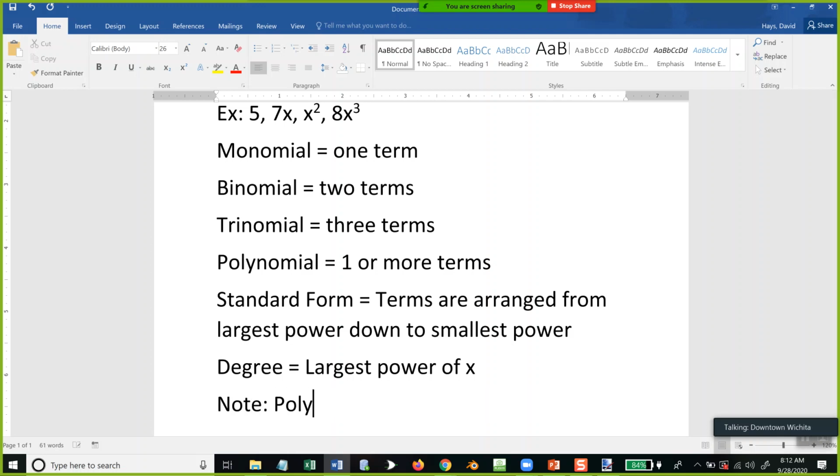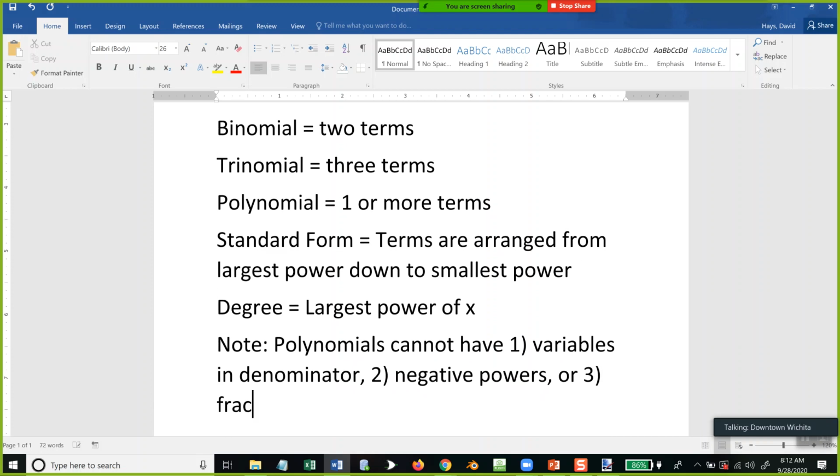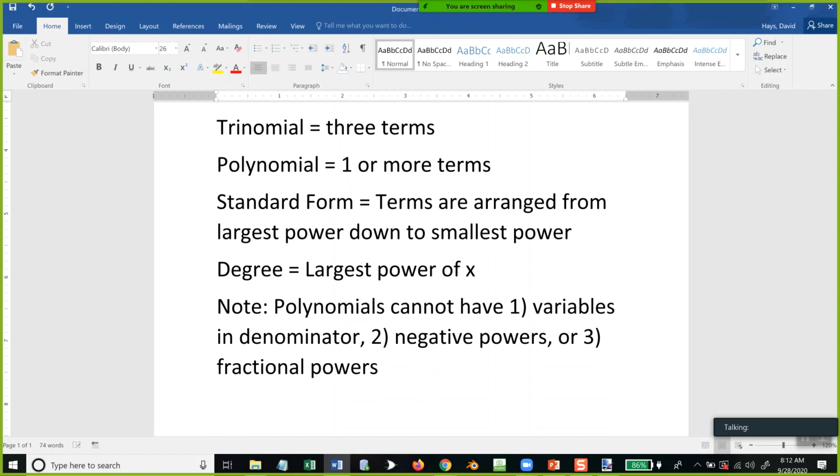Note: polynomials cannot have variables in the denominator, negative powers, or fractional powers. Now, those are the three most common items you see in problems that a polynomial cannot have. We're going to see graph-wise, there are some things it can't have too, here shortly.